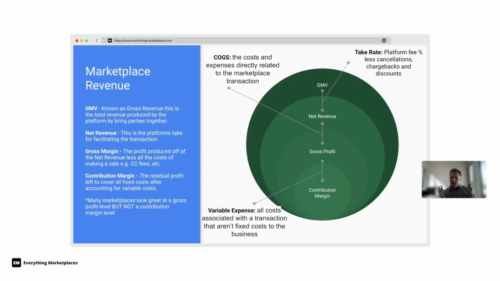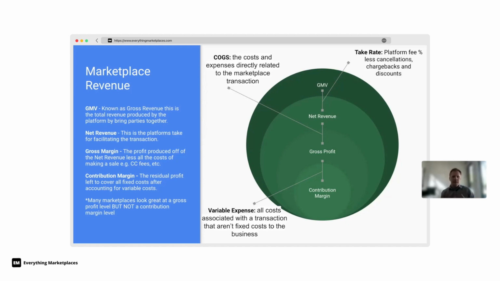If you want to look in the mirror for your business and know where you stand, I highly recommend looking at contribution margin. It takes into account all the things like trust and safety, what marketing costs you have, the list goes on, what analytics needs you have. Really anything where there's a variable expense related to making a transaction occur that isn't a fixed cost in the business.